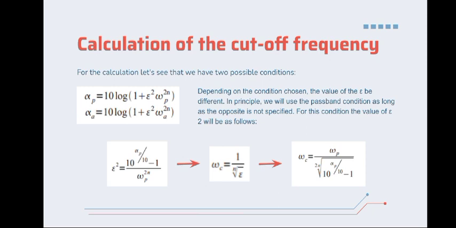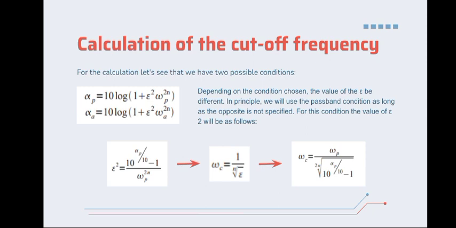Now let's see how we can do the calculation of the cutoff frequency. For the calculation, we have the two conditions before, and depending on which condition is chosen, the epsilon value will be different.